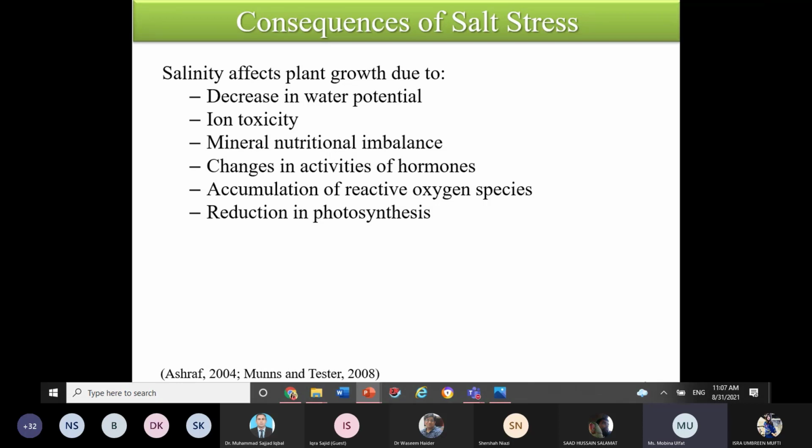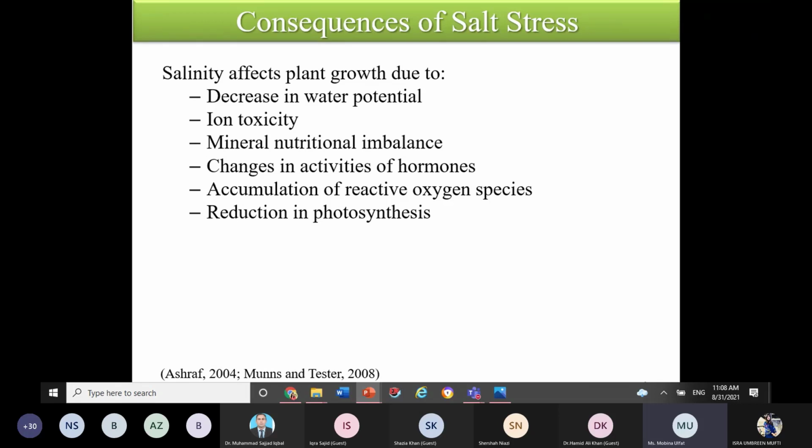Some of the required minerals are not taken up. These changes trigger other changes, like changes in hormone activities. Then they trigger production of reactive oxygen species, and reactive oxygen species cause oxidative stress and damage different membranous structures in the plant cells. Even the thylakoids, which are membranous organizations, are disrupted, resulting in the reduction of overall photosynthesis.